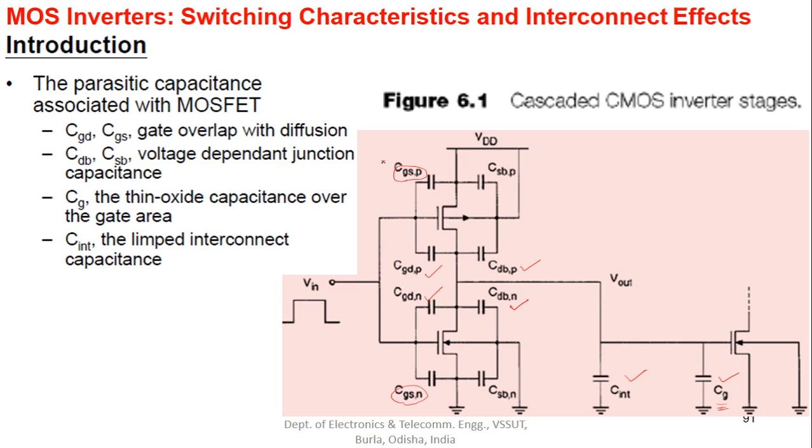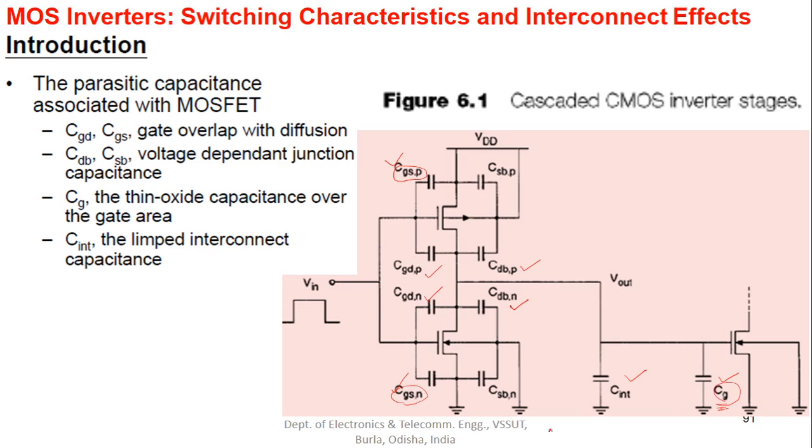So we are not ignoring CGSP and CGSN; we are just saying that since these are present at the input side, let us take them at the input terminal of the next stage, where they get reflected inside this CG.